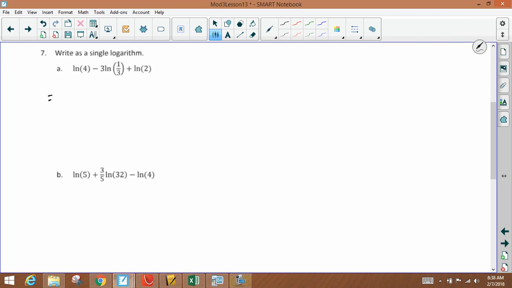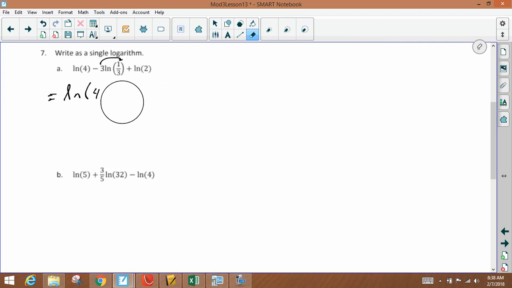Always, when I am condensing a logarithm, I'm going to go ahead and take this and express it as a power inside my logarithm. So natural log of 4 is going to be equal to, whoops, my bad.